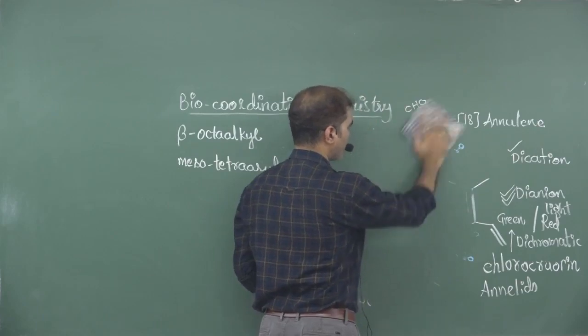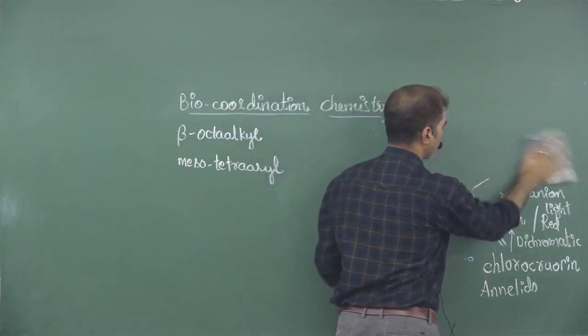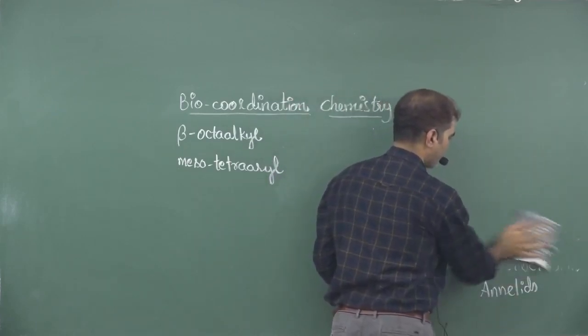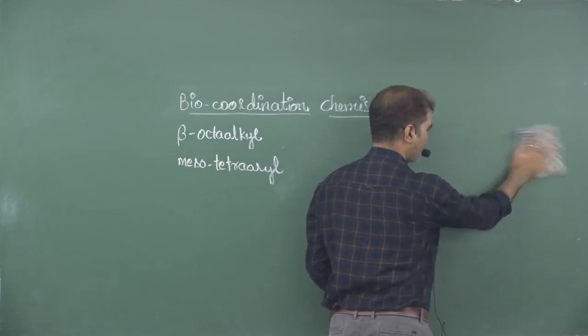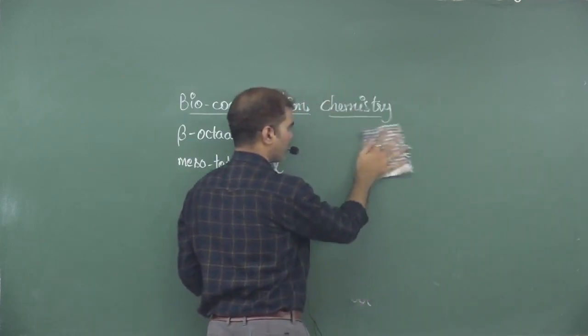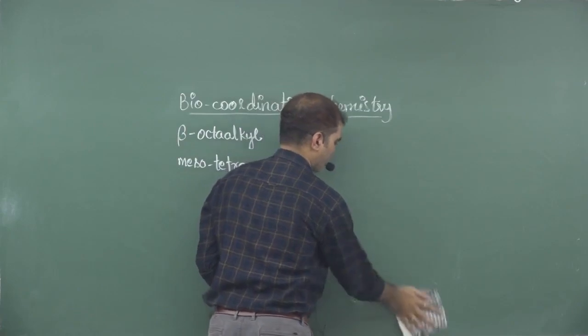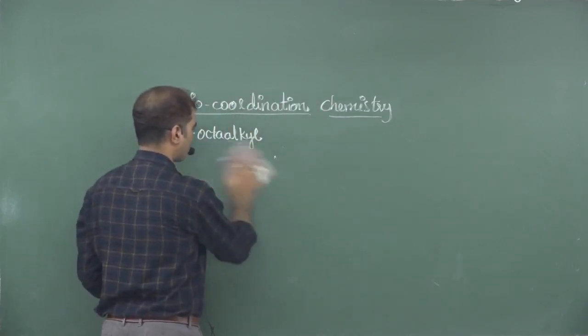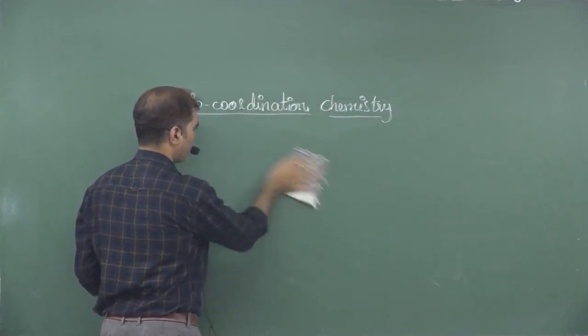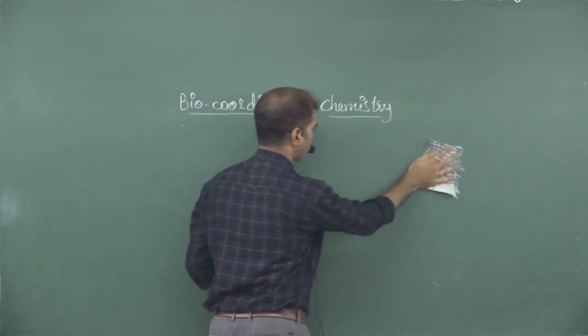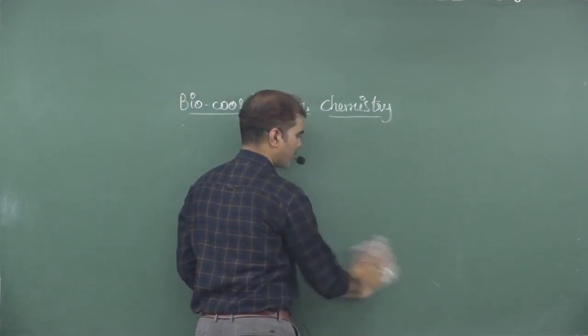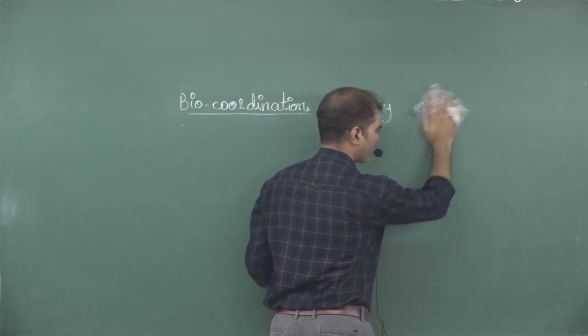Next, 11 double bonds are in conjugation, making it 22 electrons, aromatic.